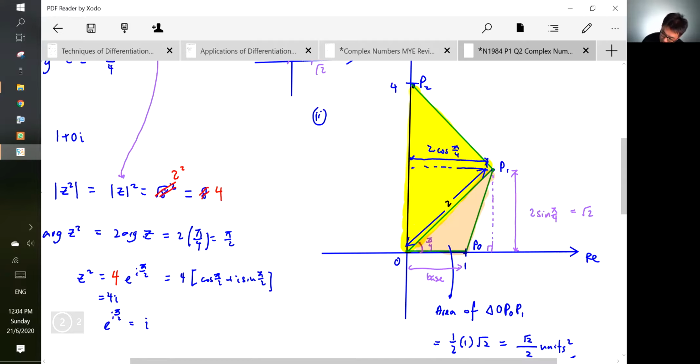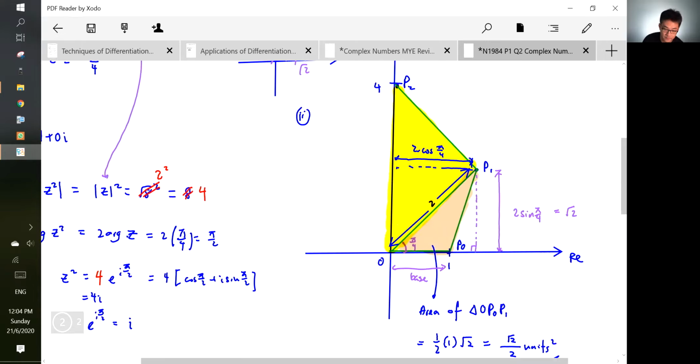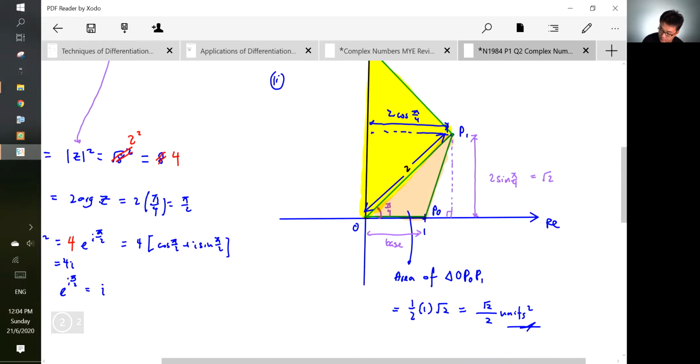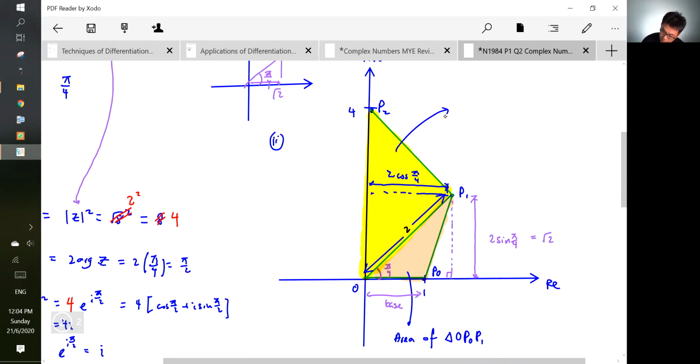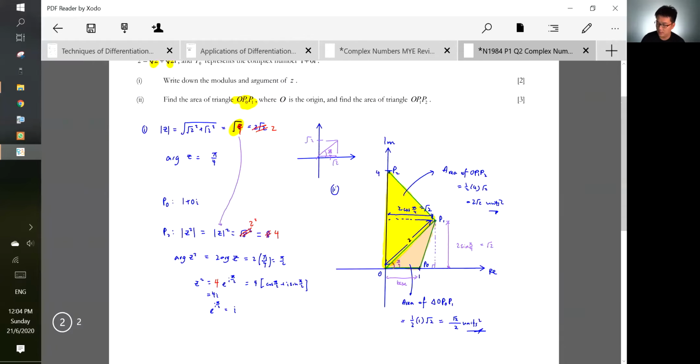Use the same triangle here. This is also root 2. Then the area of OP1P2 will just be half times base times height, in square units. Okay, that's about it.